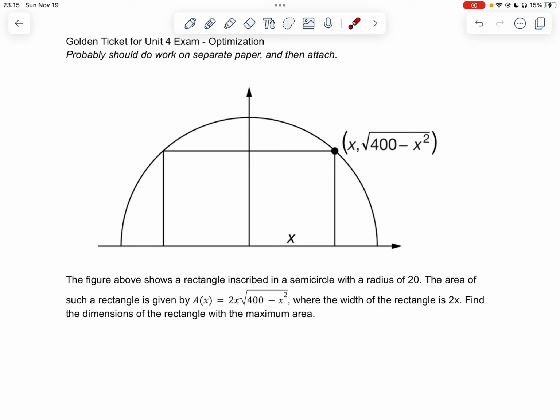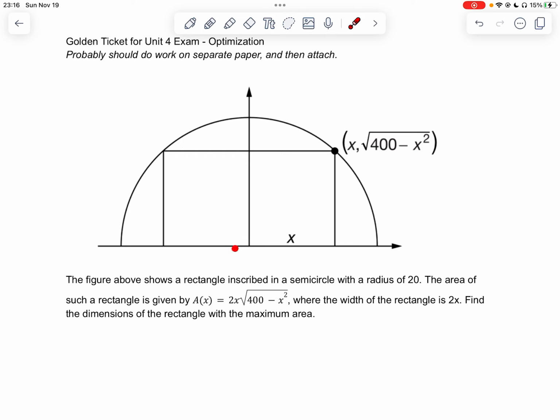Now, the area of such a rectangle is given by 2x times root 400 minus x squared. That's really nice that they gave that to you. Again, it's nice that they gave you 2x times root 400 minus x squared as the area. The way they got that is that they said that this was x.